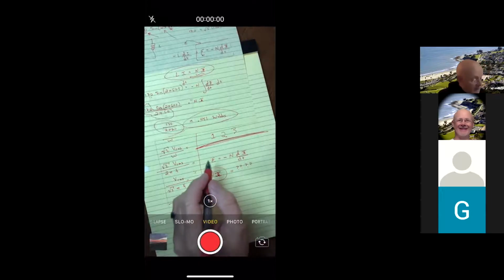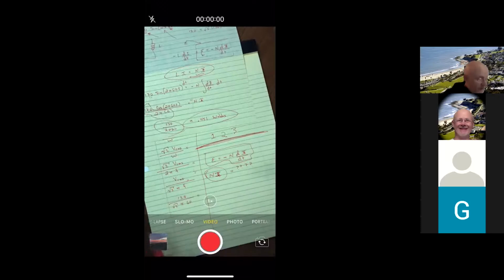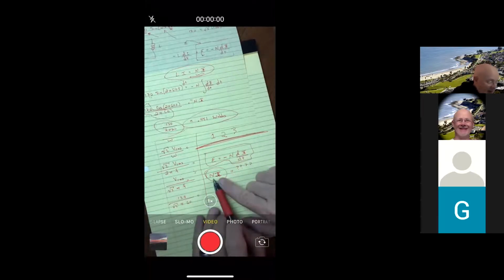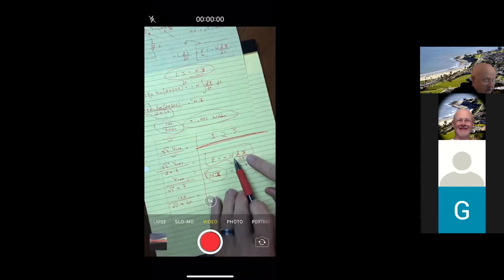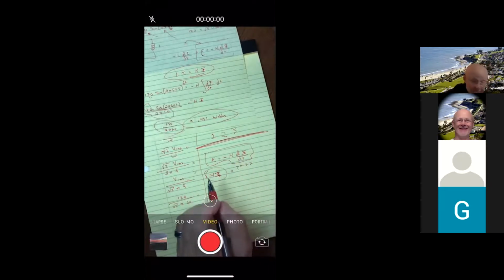Okay, now, if you look at Faraday's law, you will see that we don't quite have this, but we're really close. This is the derivative of that. So if I were to undo a derivative, that's called an integral, I would get it.